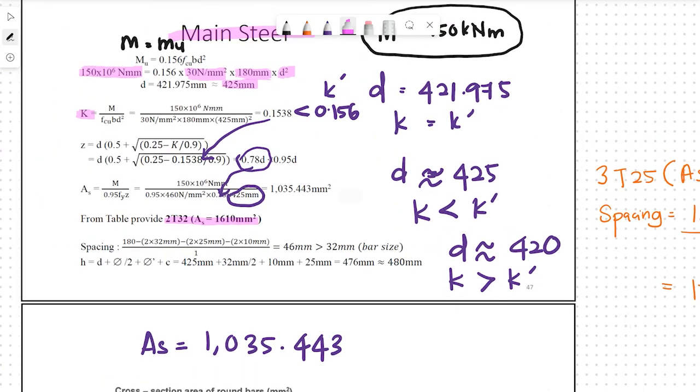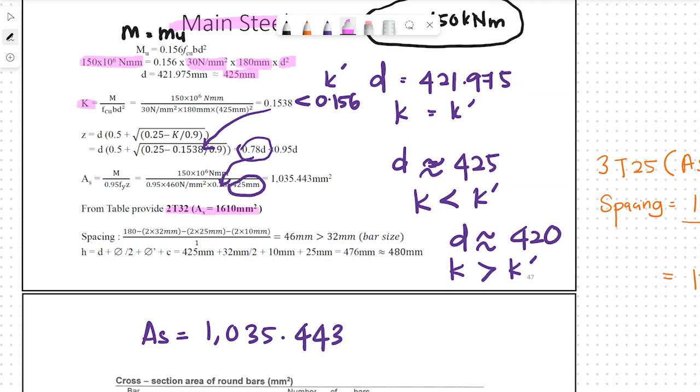So kita use 32 here, okay, use 2T32, 1610 mm square. That is the AS for 2T32. Right, so when we calculate for the spacing, we find it is 46.